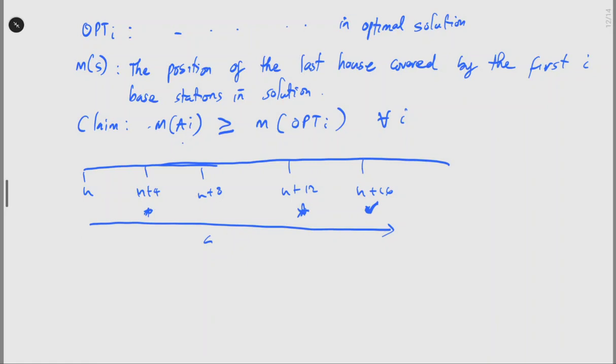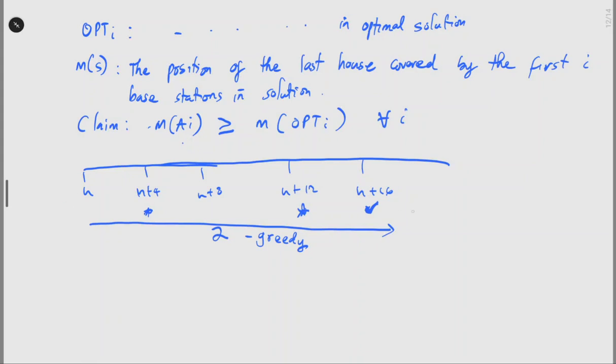Supposing we used another algorithm that covered less distance for this same number of base stations. Let me say that again. The number of base stations that covered from H to H plus 16 is 2 for the greedy.